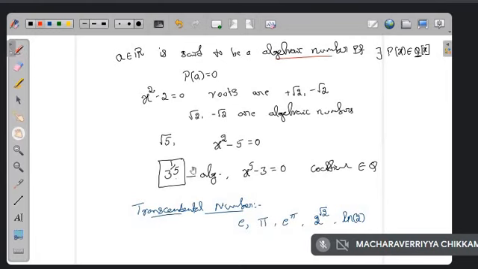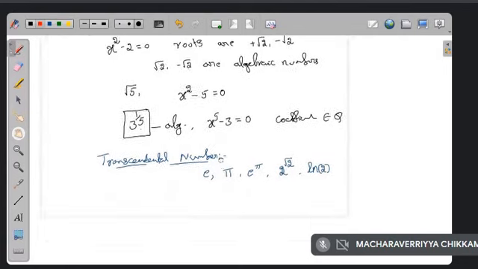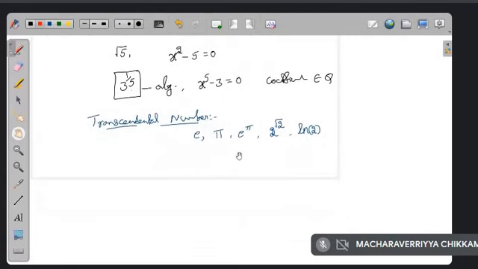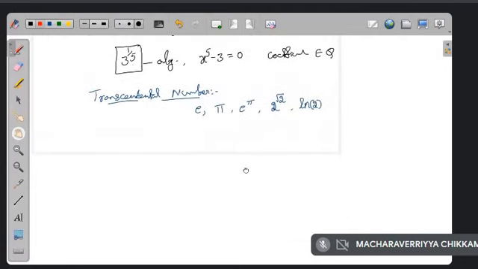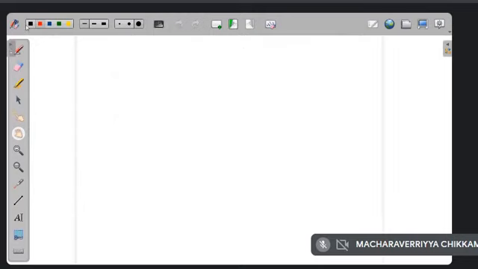Now let us see what are algebraic functions and transcendental functions. For an algebraic function, in terms of numbers we said it is a root of a polynomial with rational coefficients. But here our function you may take as y of x equal to f of x.